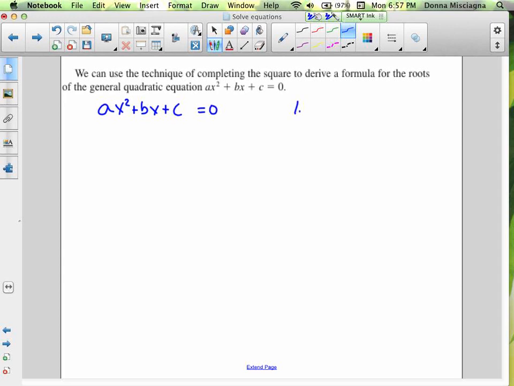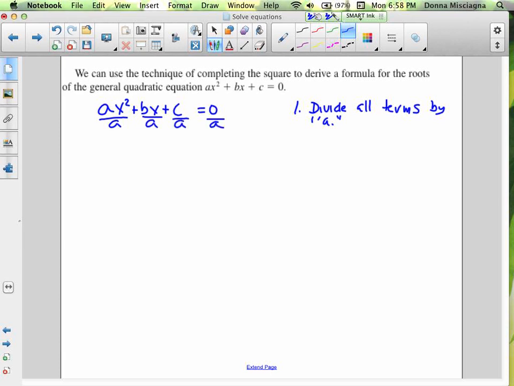All right, so step 1 is going to be to divide all terms by a. Anytime a is not 1, and we don't know what a is, so we don't know it's not, so therefore it's not 1. We want to divide by a, so I'm going to divide this by a, this by a, this by a, this by a.